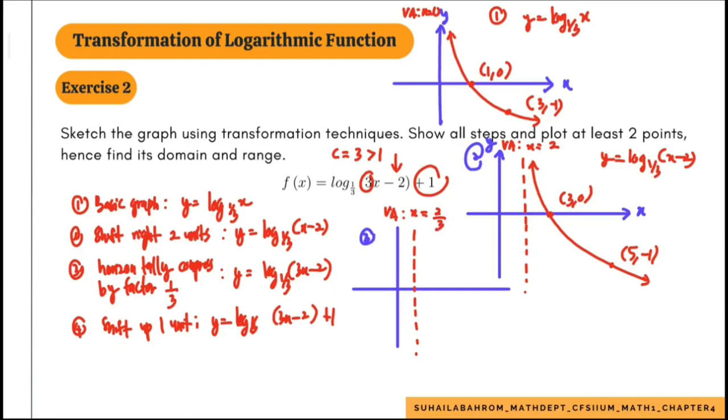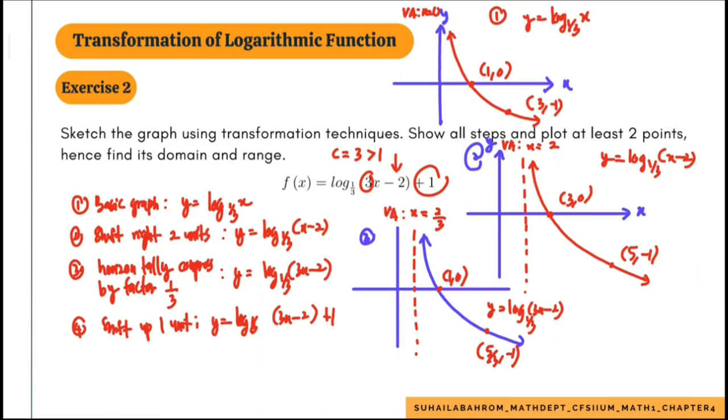And we will have the new graph here. The new coordinate from (3, 0), you multiply by 1/3, so the new coordinate will be (1, 0). And then the next one, the coordinate (5, −1), we will get the coordinate (5/3, −1).